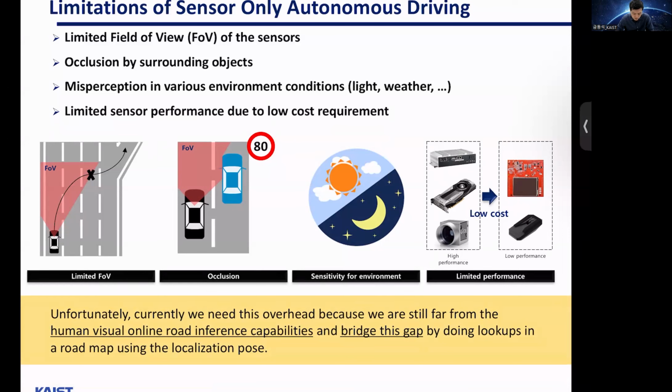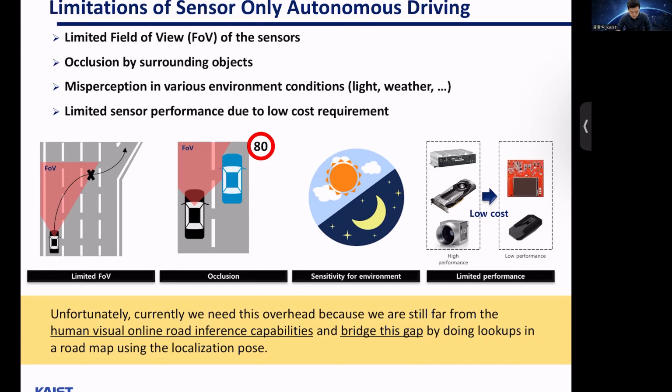So for a machine to drive, unfortunately, currently we need this overhead for us to realize autonomous driving, for, let's say, level 4 or 5 autonomous vehicles.